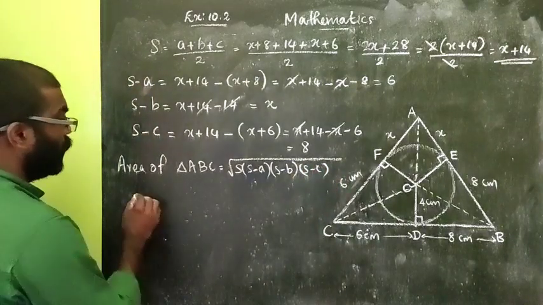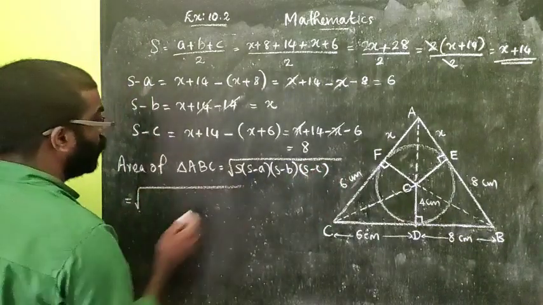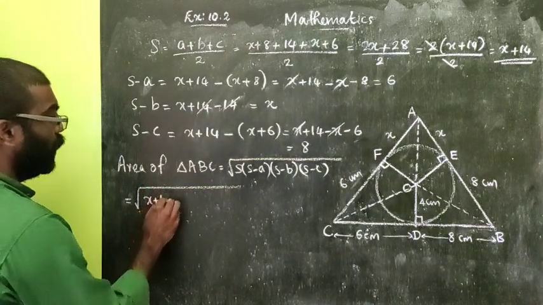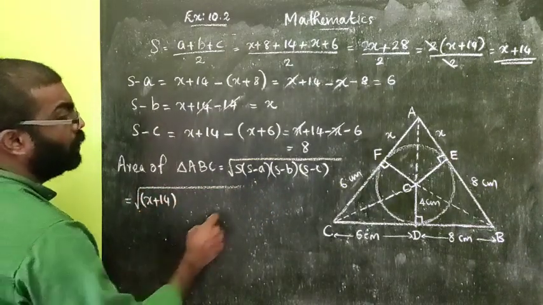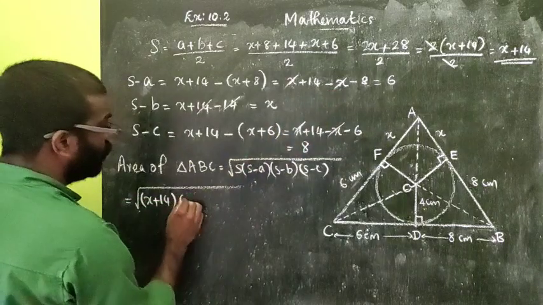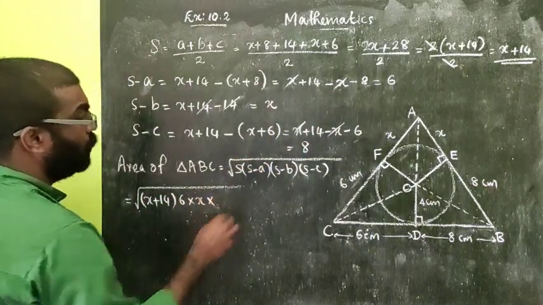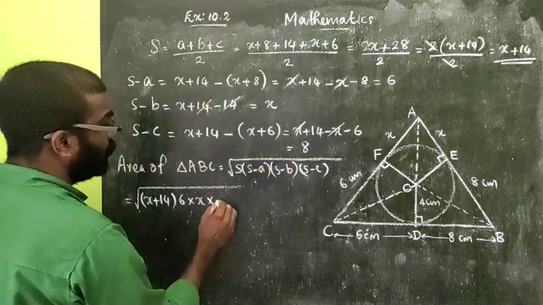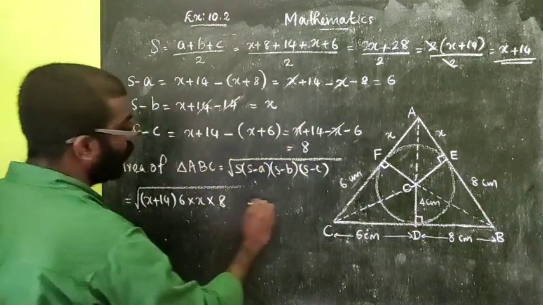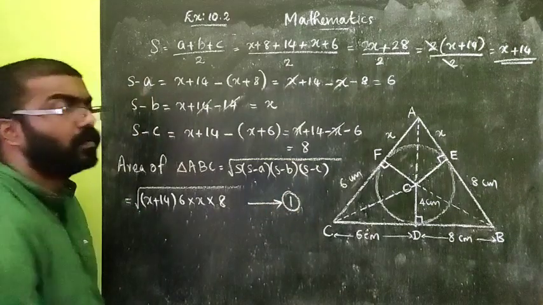Now we can replace the values. Root of s is x plus 14, into s minus a, it is 6, into s minus b, x, into s minus c, 8. Take it as equation number 1.